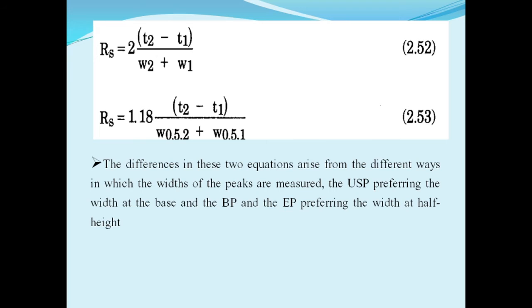That is equation 2.53, the resolution in the case of the British Pharmacopoeia and European Pharmacopoeia approaches. Errors arising from the manual measurement of column efficiency and resolution may be reduced by the automatic calculation of these parameters using commercial chromatographic software.